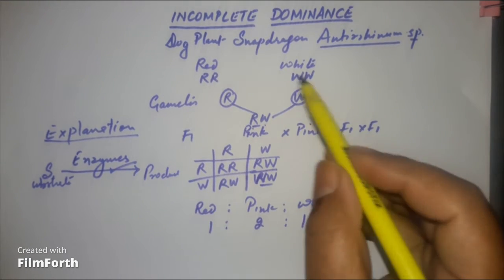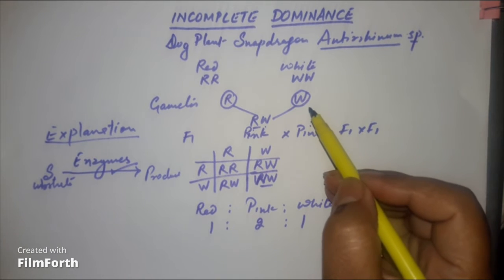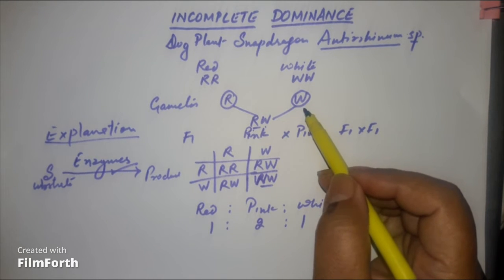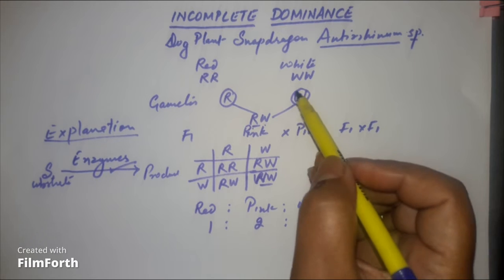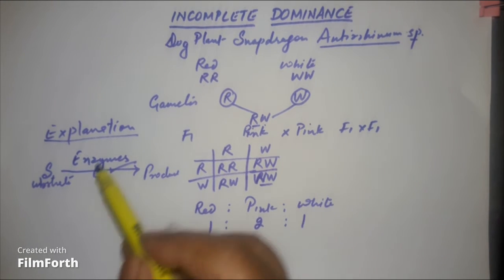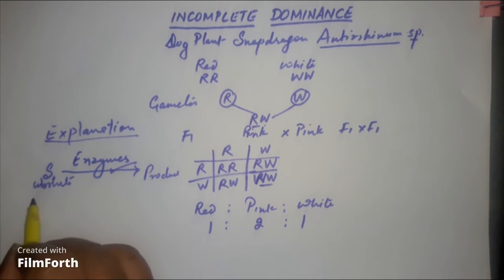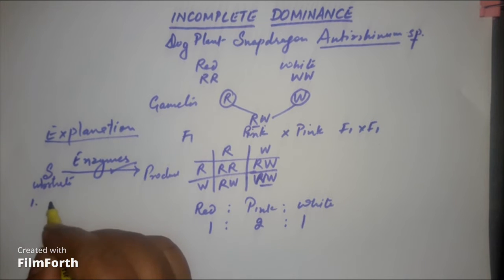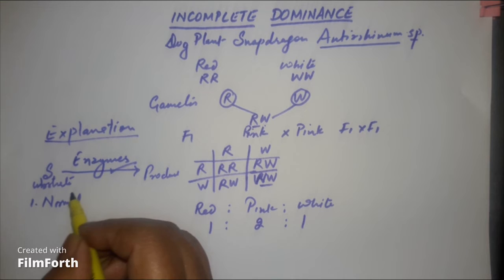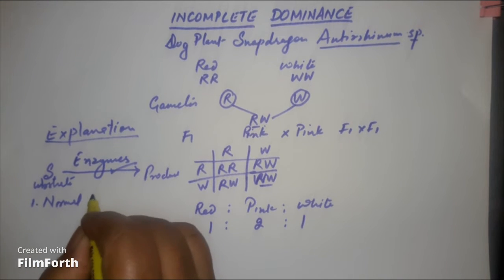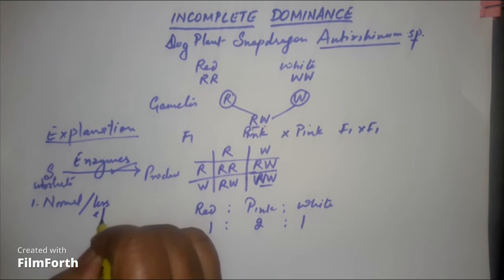Sometimes when the gene is modified, in the next chapter we will study how modification happens. If this gene is modified, number one, the enzyme is not normal, or it is less efficient.